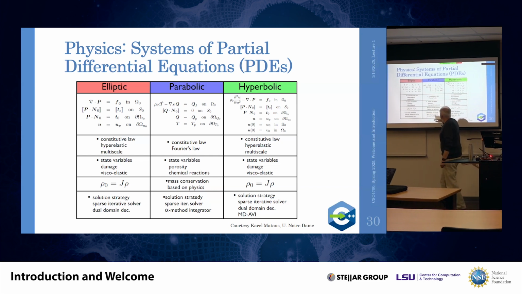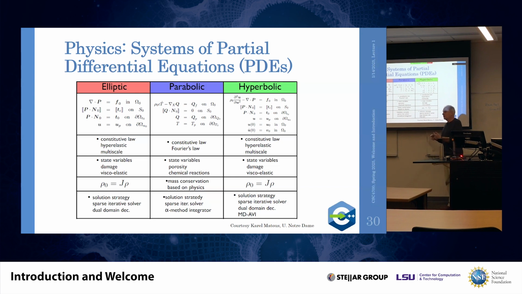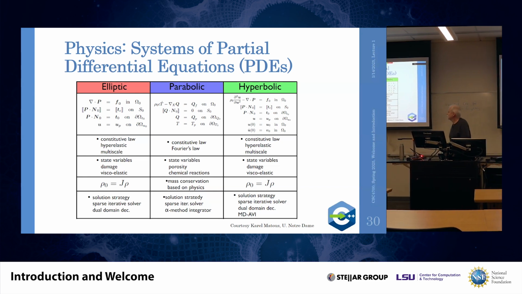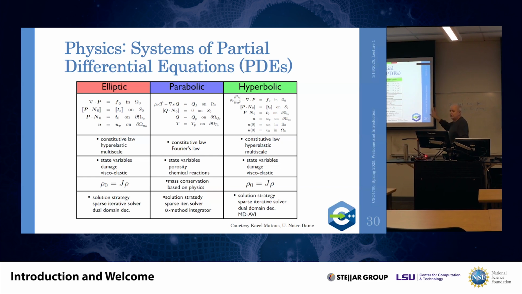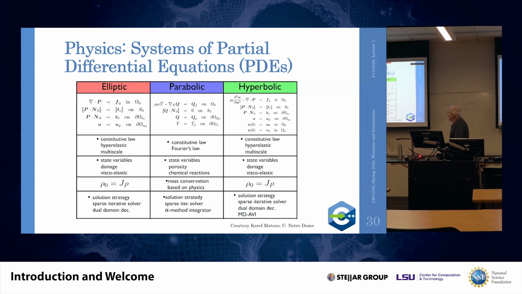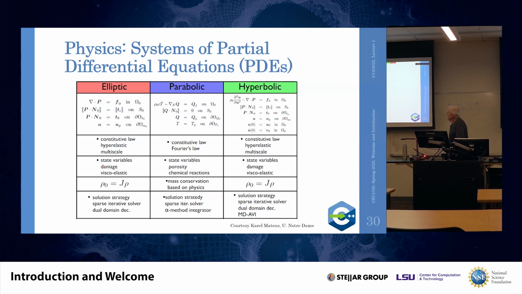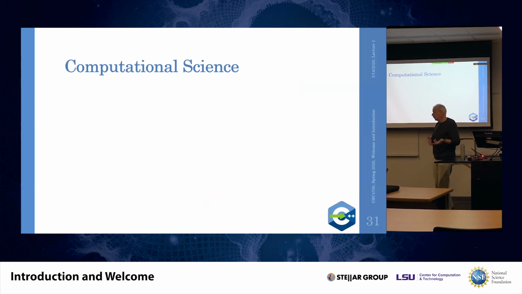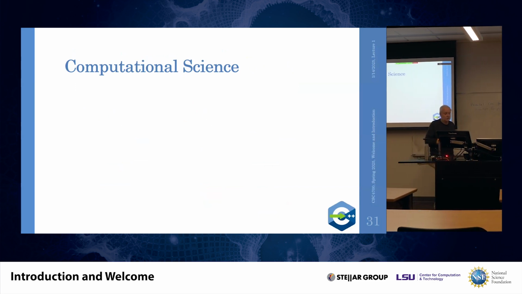Elliptic one, the parabolic one. So there's an underpinning way of dealing with all of those. And I'm not going to drag you through the differential equations, so don't be afraid that this will happen. But what I want to show you is how we can formalize, or how can we solve these systems of partial differential equations.